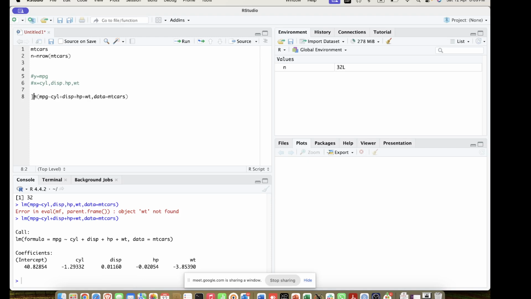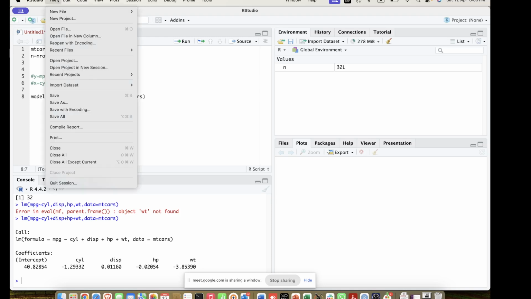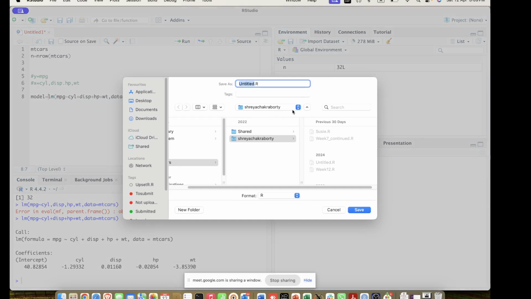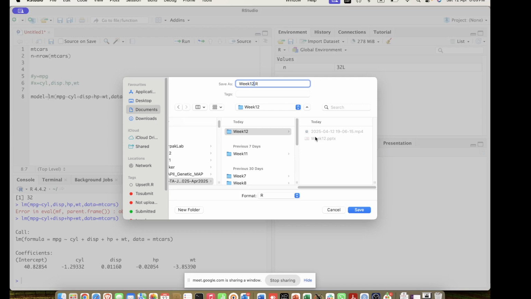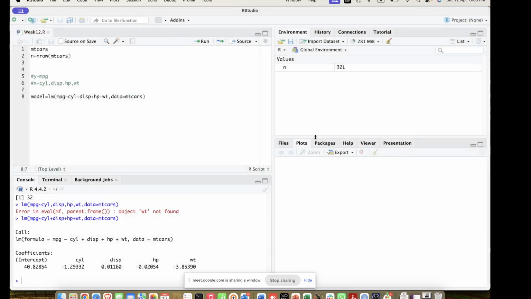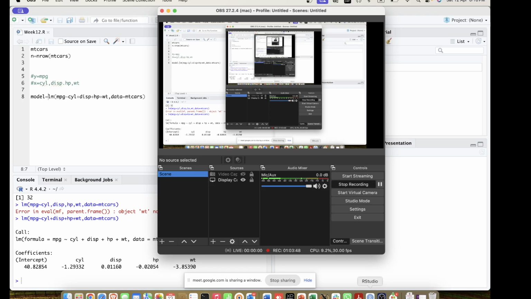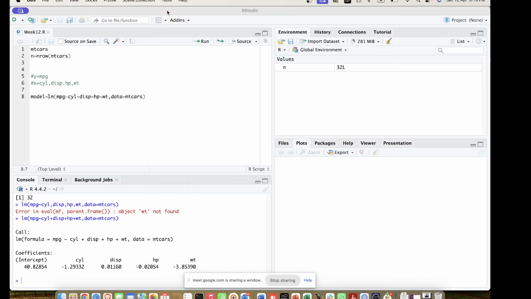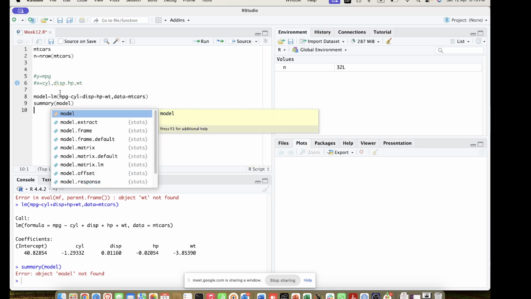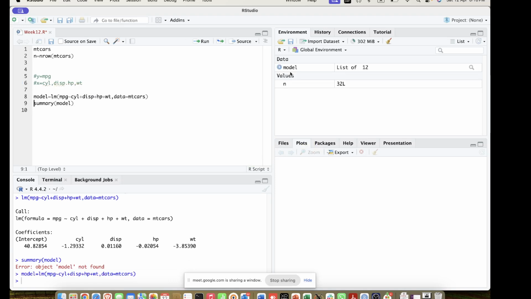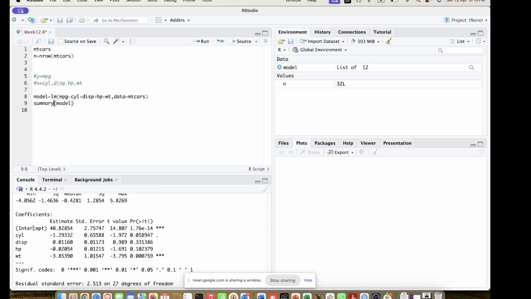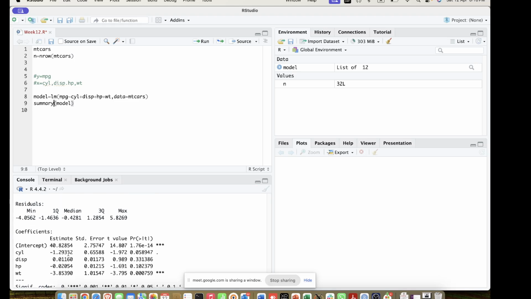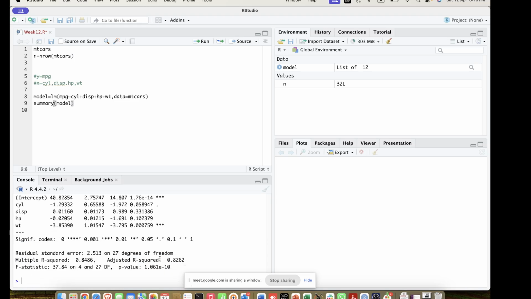Now if I call this model, and then do summary of model, I get the estimates, standard errors, t-value, and p-value.